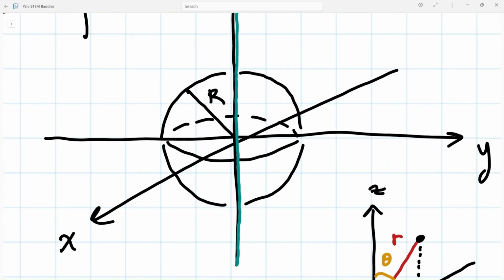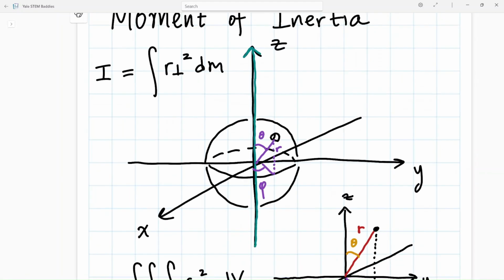We have this sphere of big radius R, and let's say we take this little chunk of mass here, and we represent that chunk of mass's distance to the origin as r. We have this z angle here as theta, and then we have its projected angle, right here, as phi.